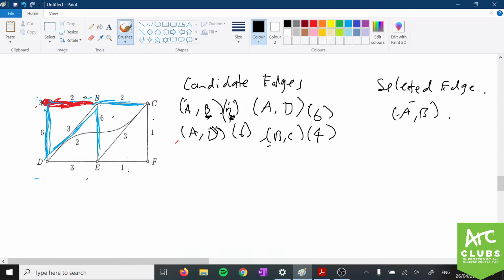And similarly for the other edges, this line is running out of space.